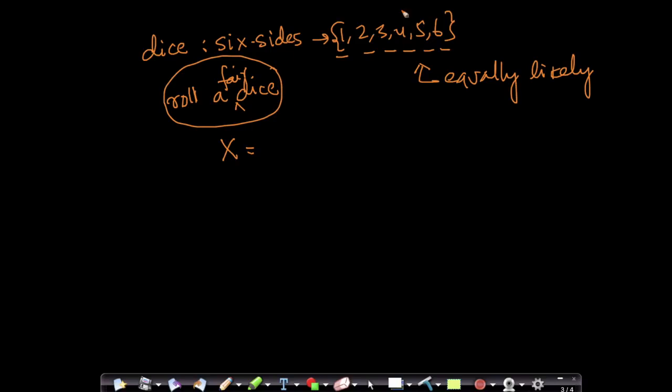It can have any one of the 6 outcomes. So a random variable is a variable which can take any outcome of a random experiment, or a random phenomenon. Your x can take a value of 1, 2, 3, 4, 5, or 6.